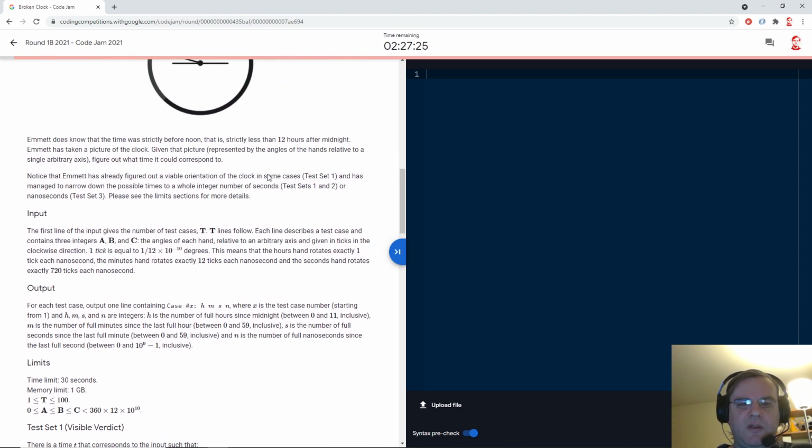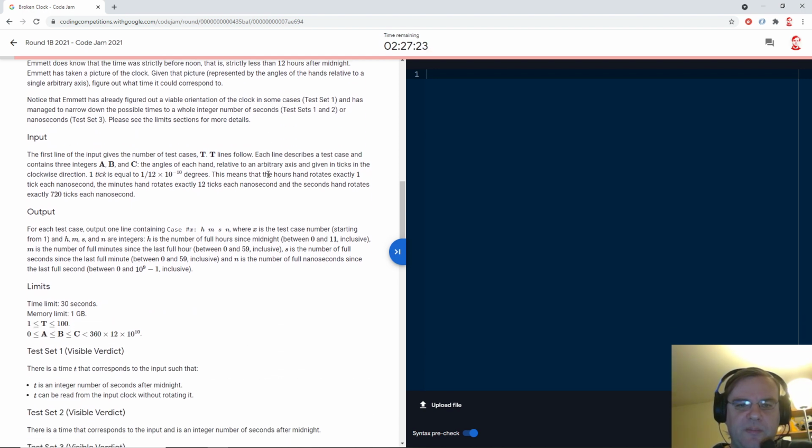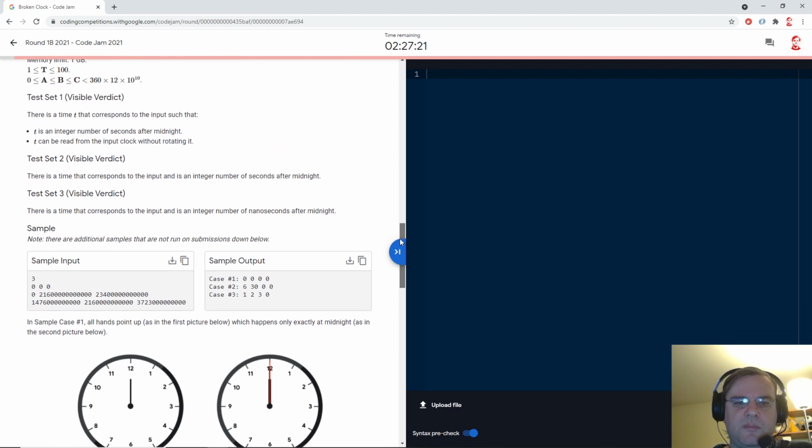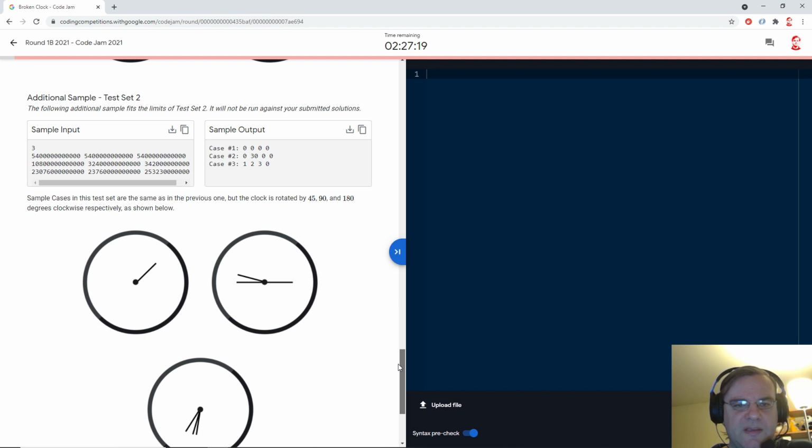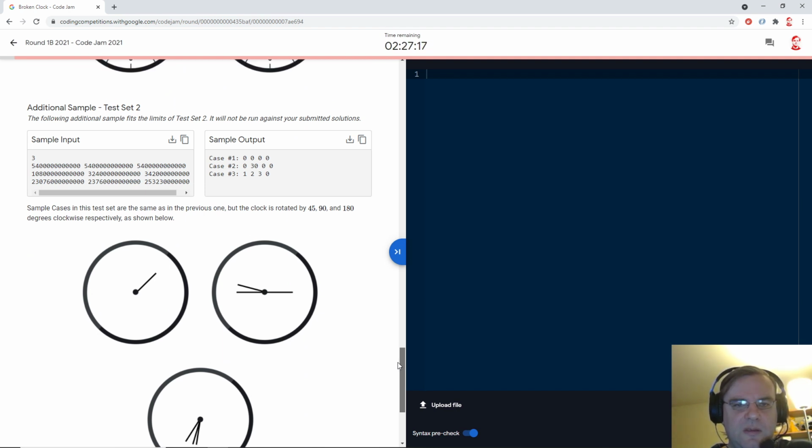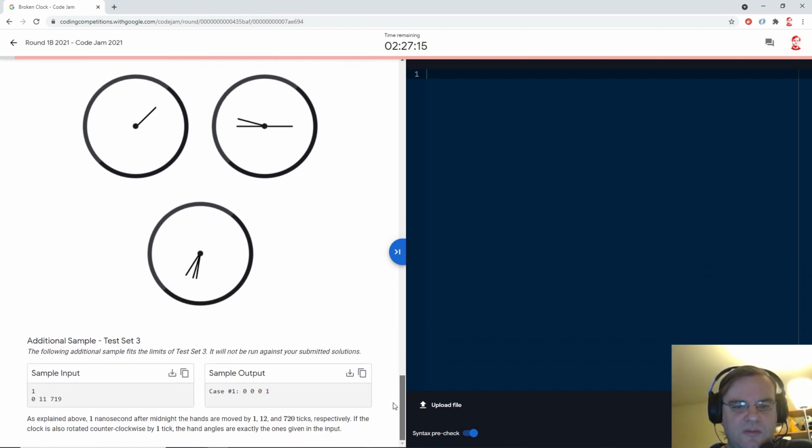It's not even clear. I think there might be multiple times that work, but I guess they're probably going to accept anything that actually satisfies the conditions. All right.